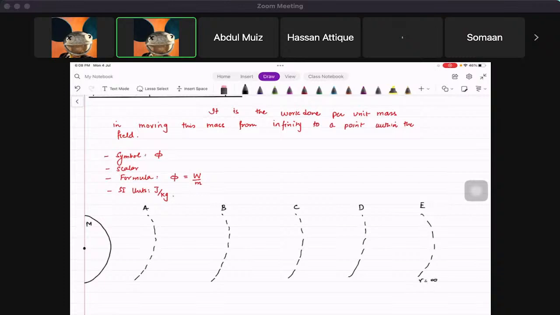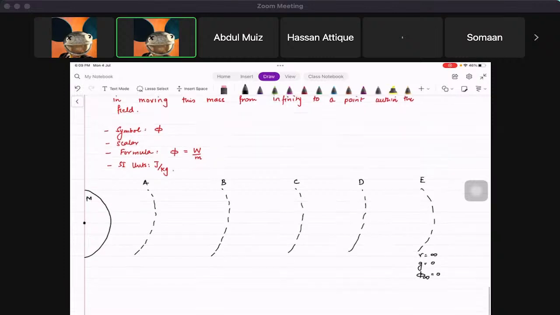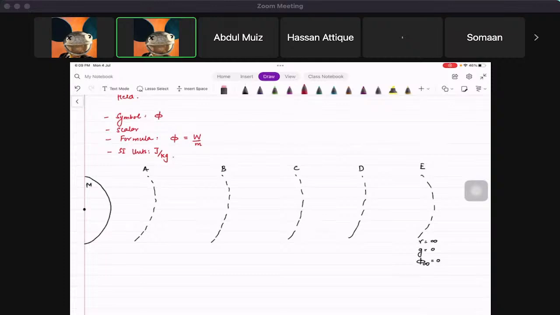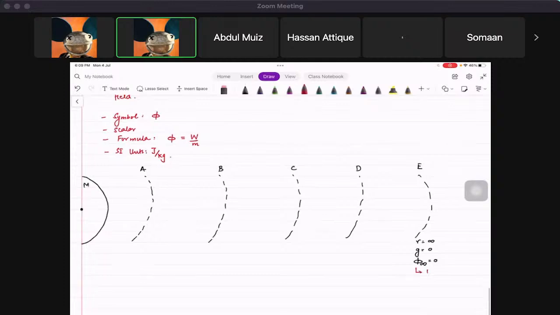Because there is no field, we learned that not only g is 0, but also gravitational potential at infinity is also 0 because you're out of the field. But interestingly, this is the maximum value you can reach. So the maximum value of potential is basically 0.